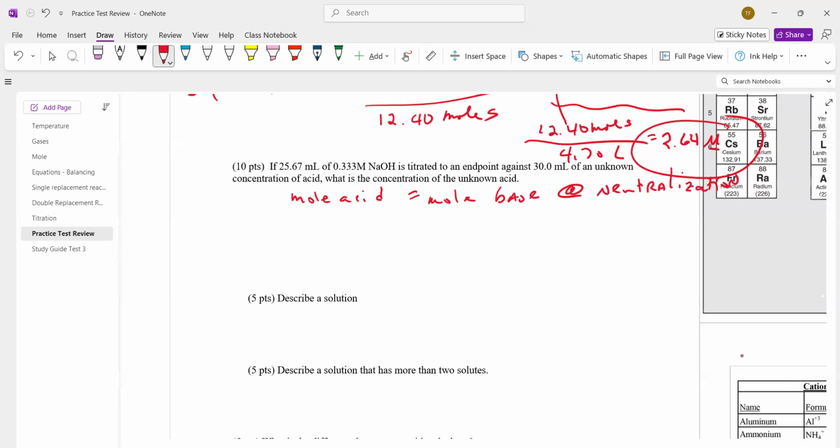And we're going to be doing, on the dry lab today, about 4 of these, more practice. Okay, so moles of acid, we don't know the concentration of the acid though.